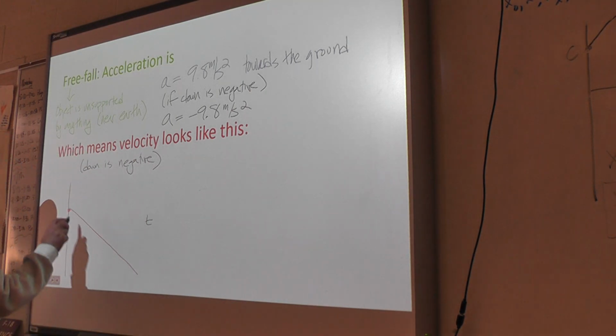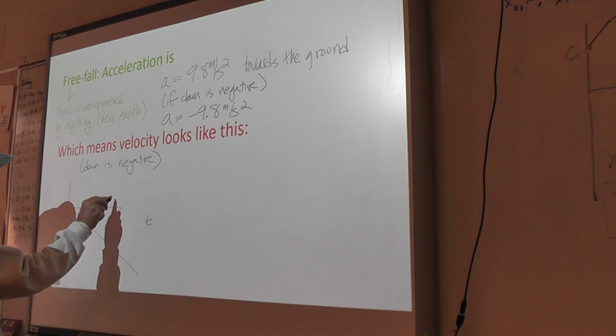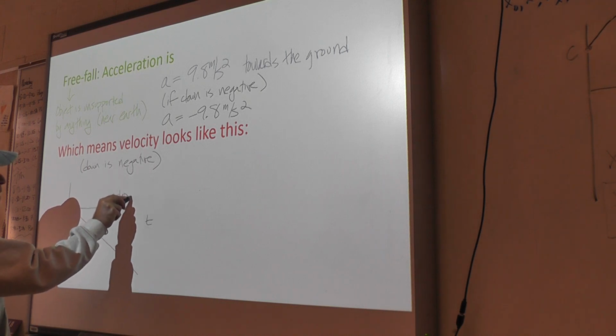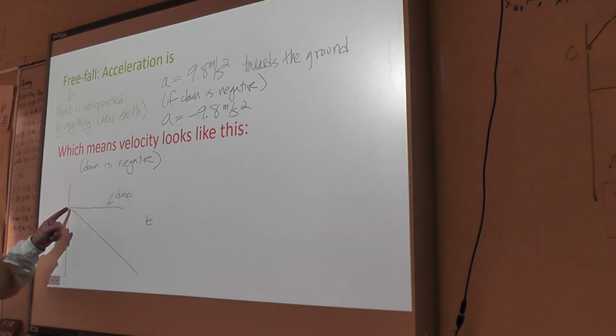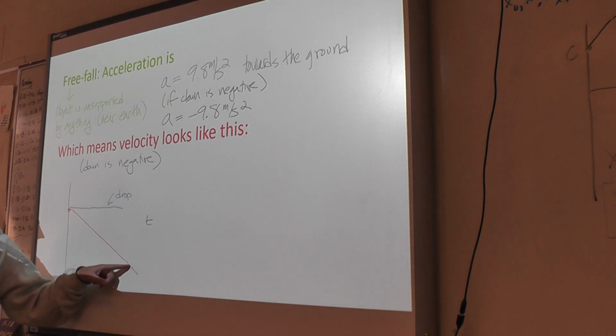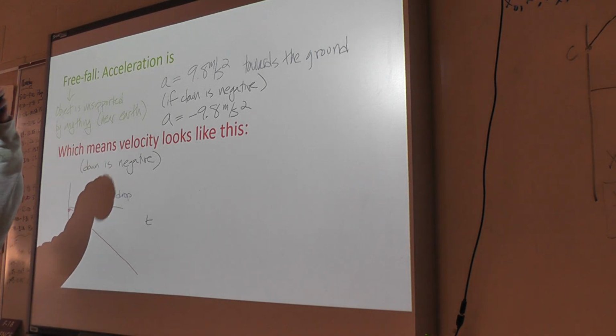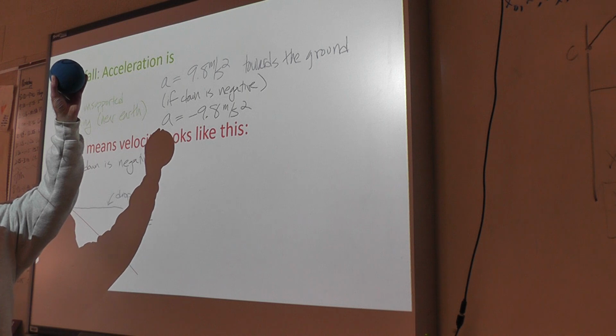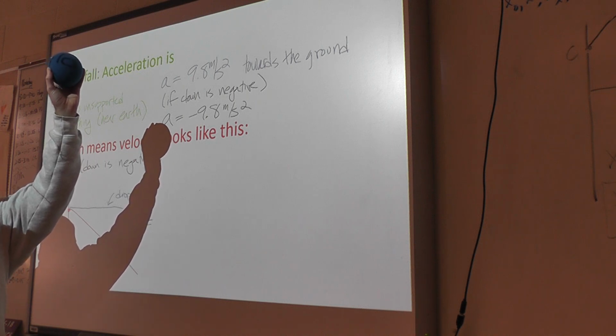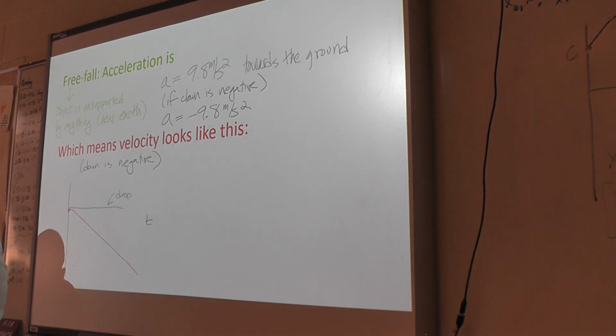So if I drop something, then its velocity versus time graph is going to look like this. It's going to start at 0, and it's going to become more and more negative as it speeds up on the way down. But what if I give it a little throw? What if I throw it down? Then, at the instant it leaves my hand, it's already moving.